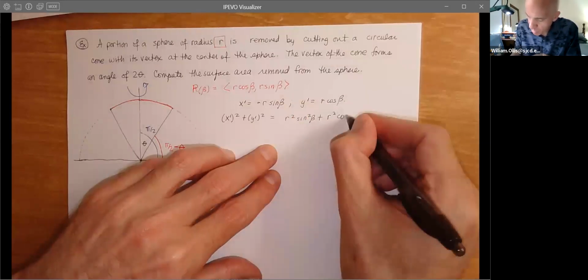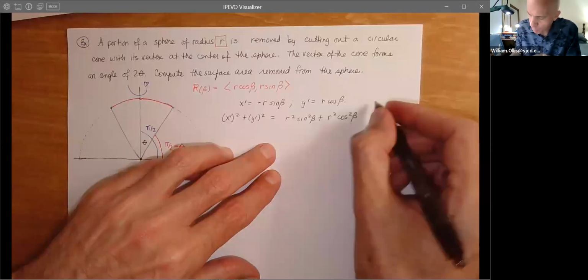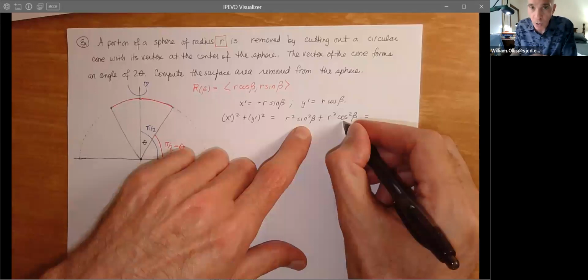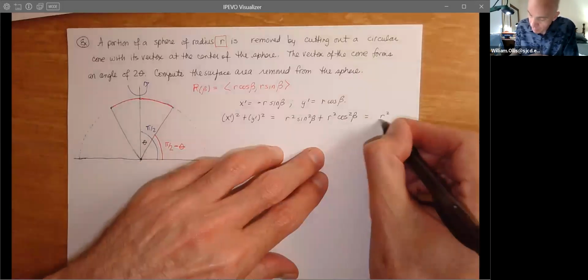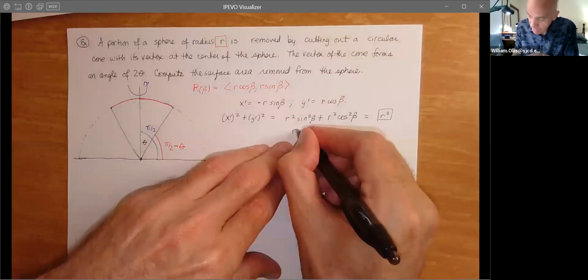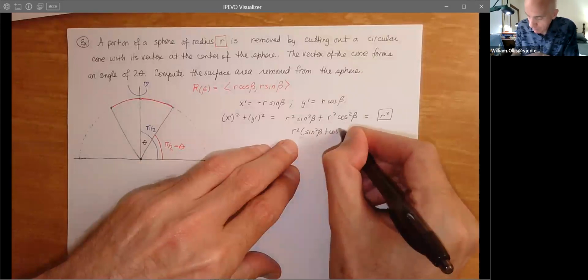That's why I'm spending so much time on this. I know I'm being very meticulous about this, but this is extremely important. So that's just r squared times 1, right? So that's r squared. So this is r squared times sine squared beta plus cosine squared.